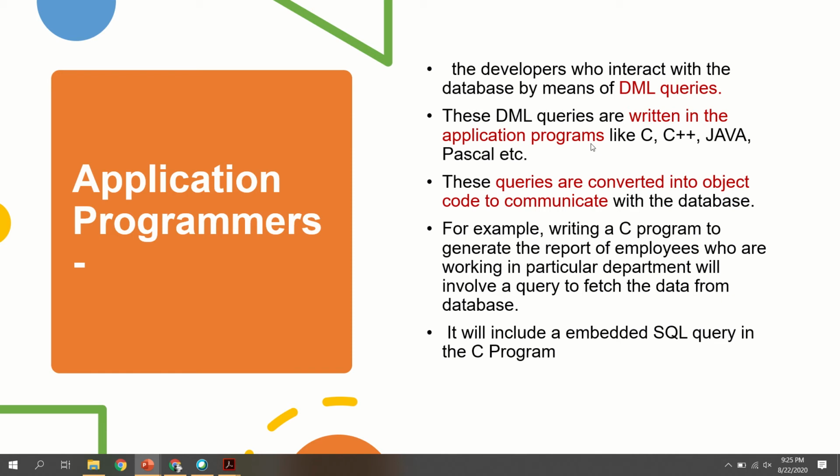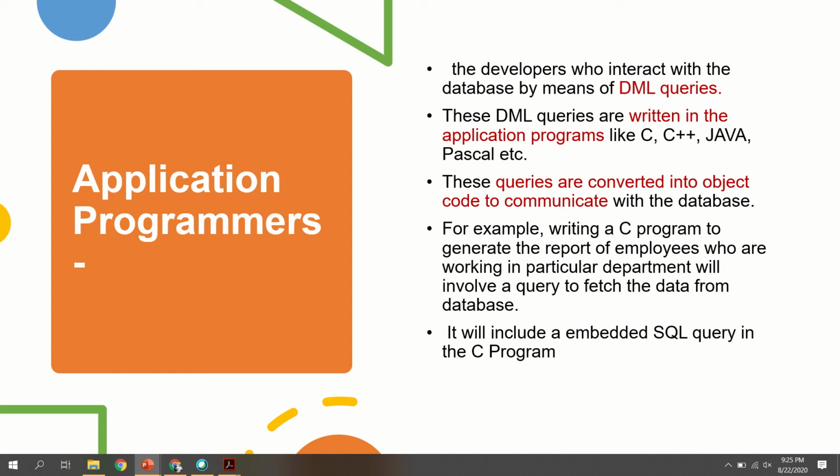They will write application programs, and inside the application program they will write certain statements in order to access data from the database, or to communicate with the database so that they can access the data stored in it.